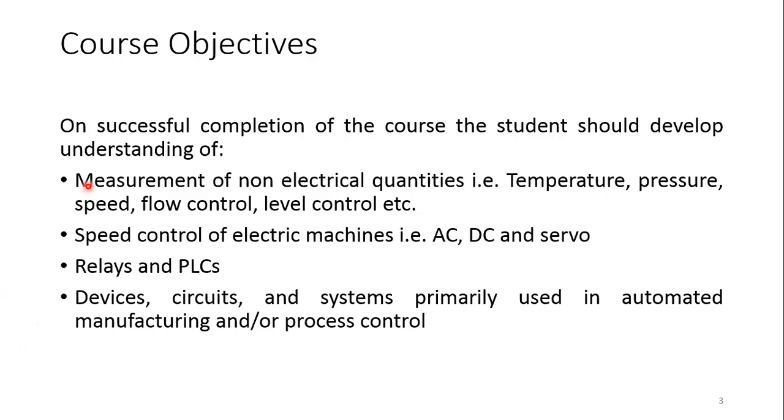For automation, we need measurement of different non-electrical quantities like pressure, temperature, speed, flow, etc. The output of these sensors will be fed to the PLC or relays for controlling of machines. So for this whole process, we need measurement of non-electrical quantities.